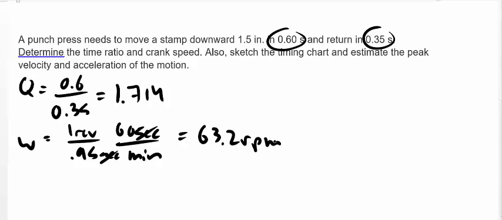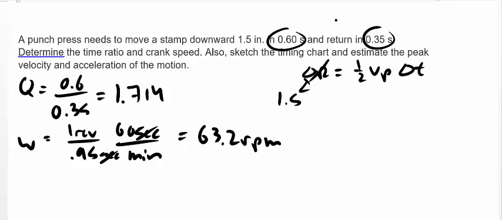Alright, peak velocity is going to be related back to our equation, right? So we have delta R is equal to 1/2 peak velocity times delta T. Alright, so we'll just plug in. You have a distance travel of 1.5, as we know, and then it takes a certain amount of time, so just depends upon which way we want to think about this.